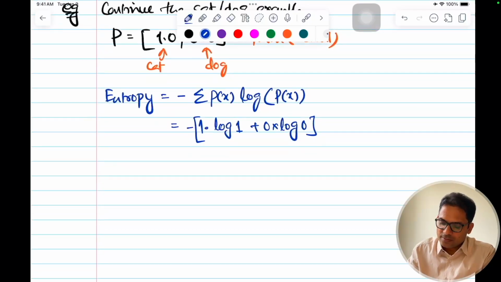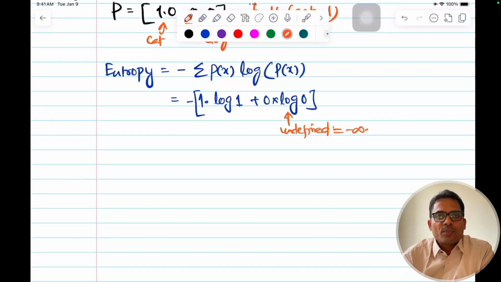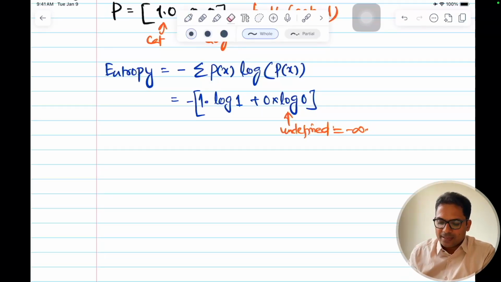This 0 into log of 0 is undefined, because that is minus infinity. But for approximation we take it as 0.